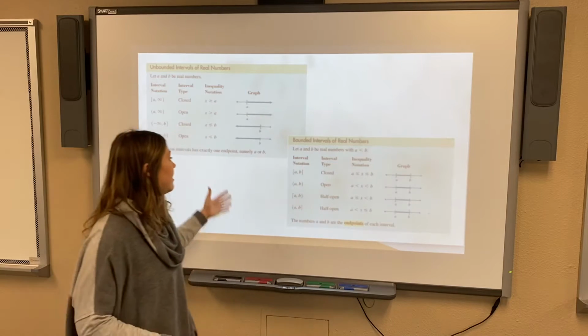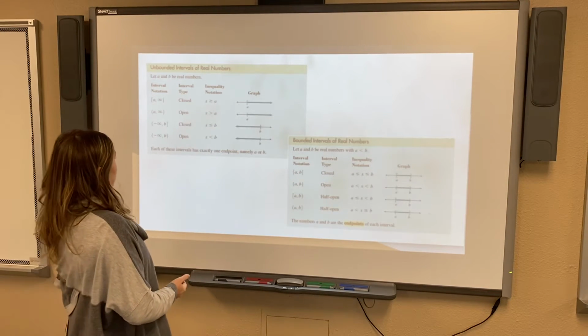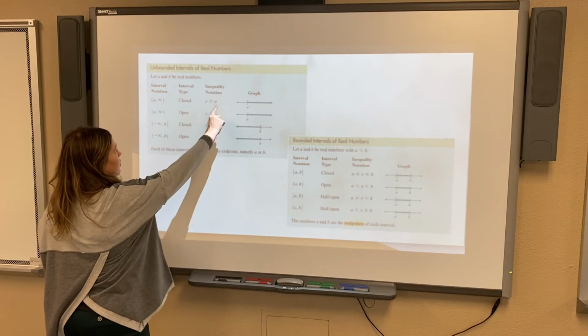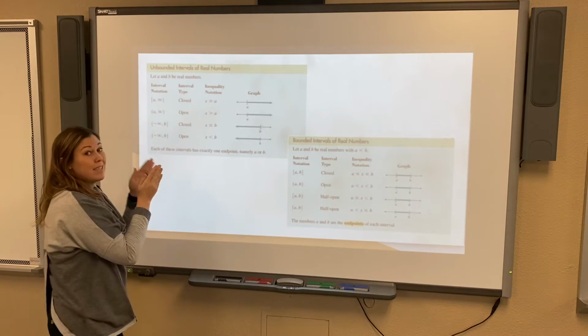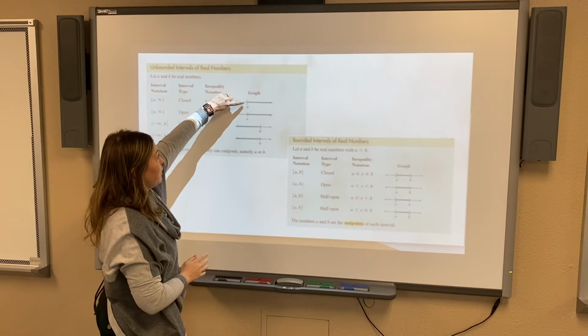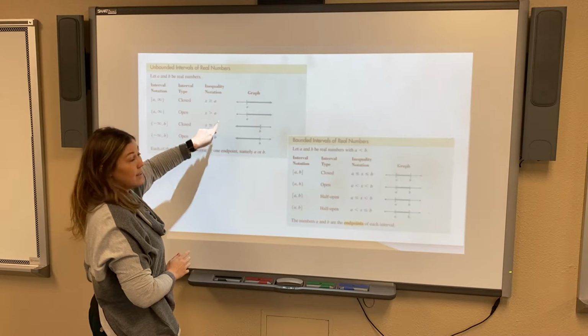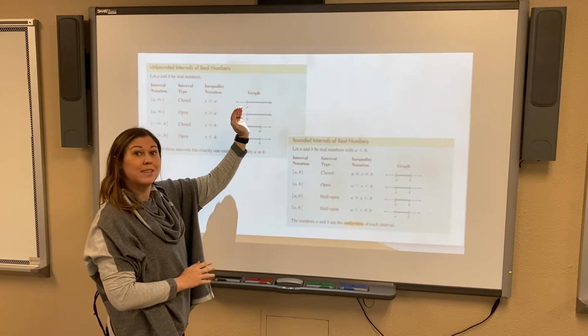Here are unbounded and bounded intervals of real numbers. If we have the inequality notation x is greater than or equal to a, that means it's closed, it's included, so at a it's a bracket. But if we have x is greater than a, it is not included, so it's open, which is a parentheses.